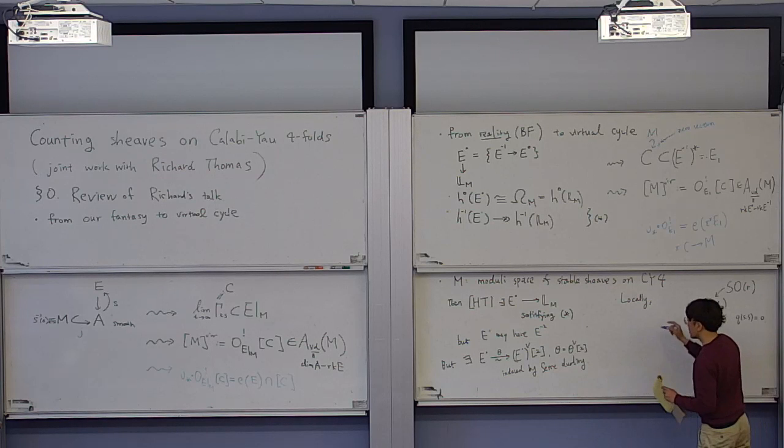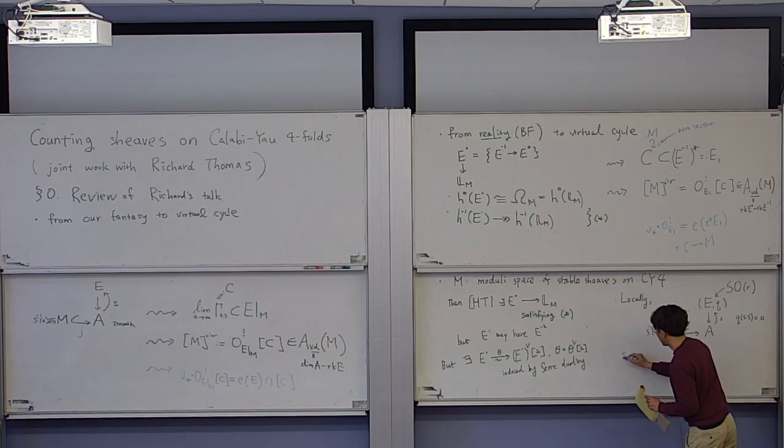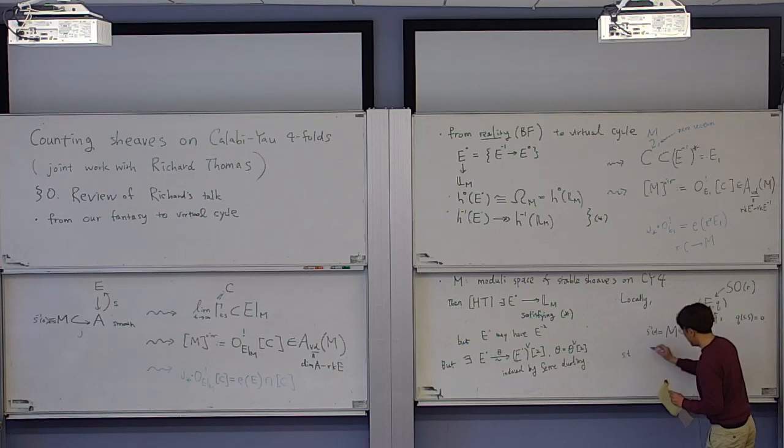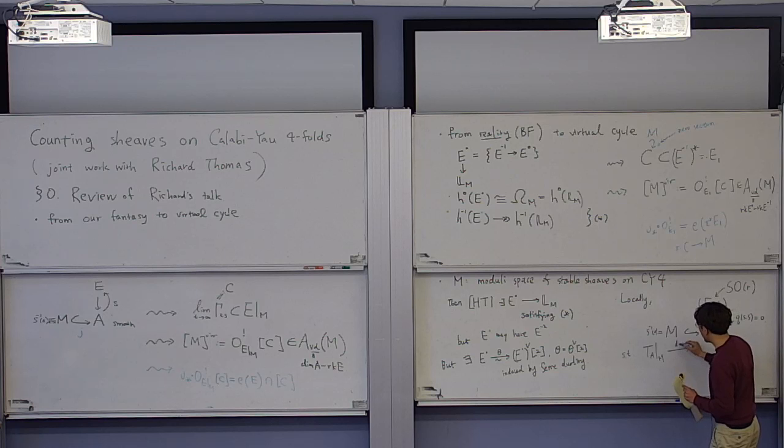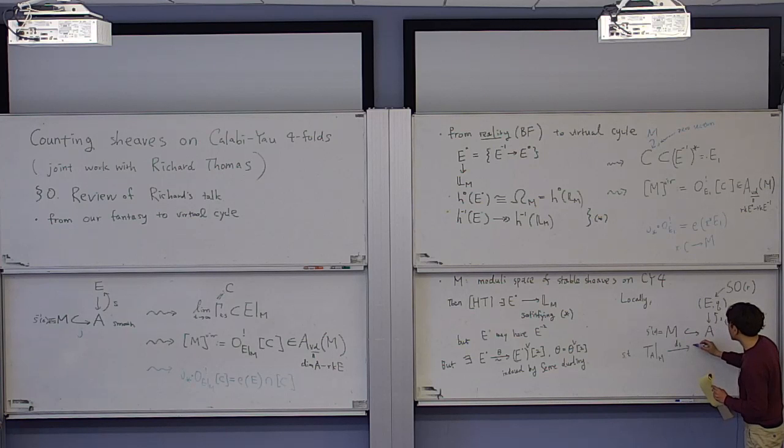So now the local model of M is such that the three-term complex is induced by this model, that is the three-term linearization.